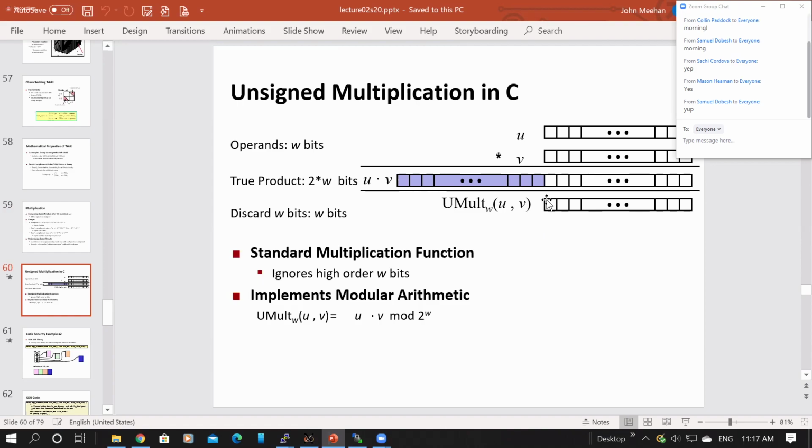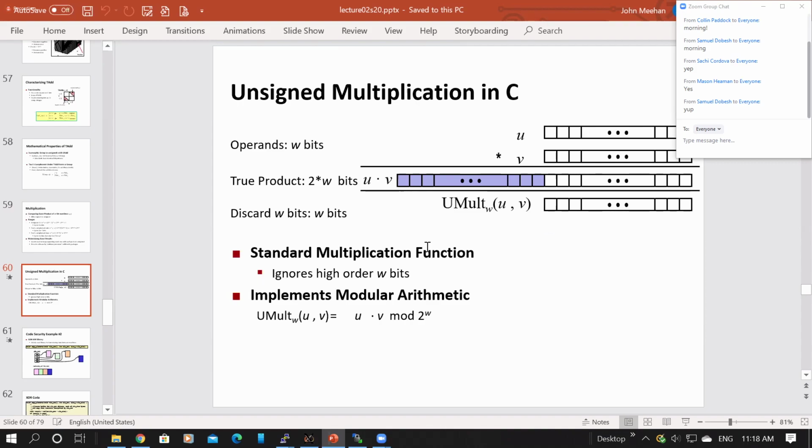So we just ignore anything that carried out into those positions when you did the multiply. So it's as if you're doing the true result, U times V, mod 2 to the W. 2 to the W is this bit just to the left there, right? So you're truncating it off at 2 to the W.